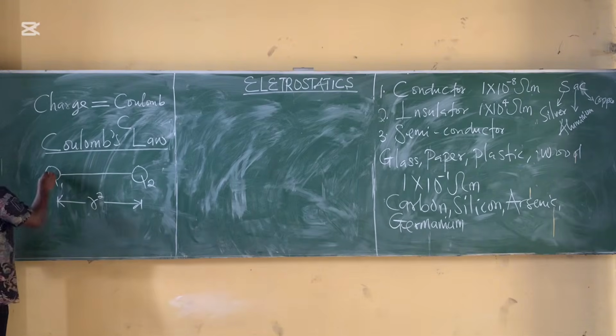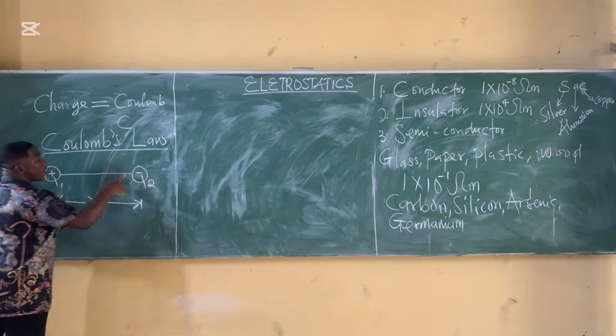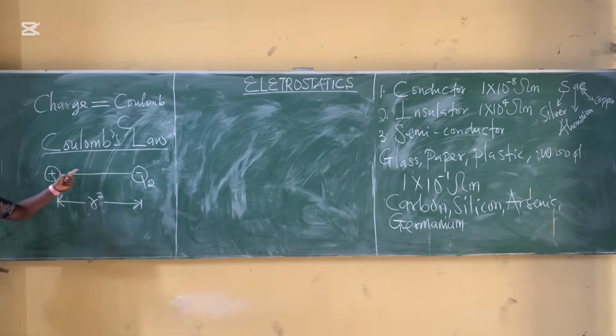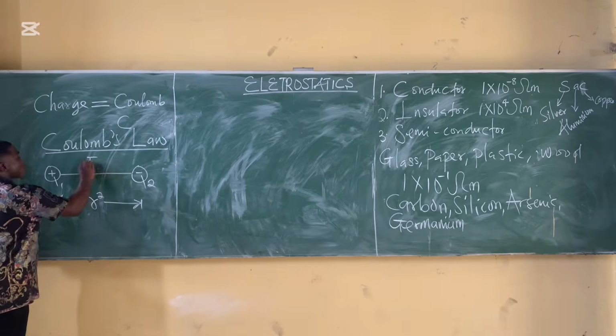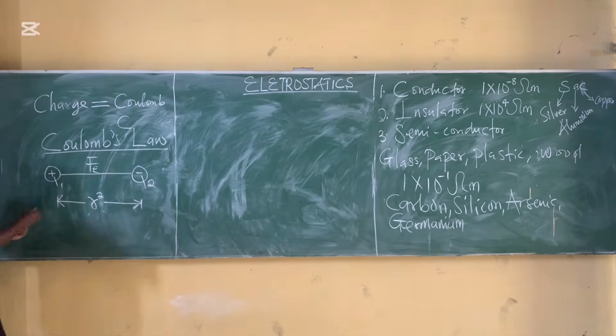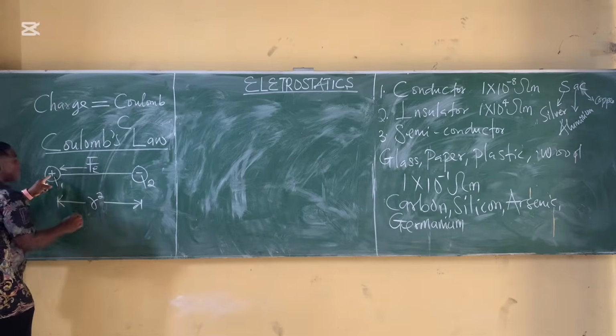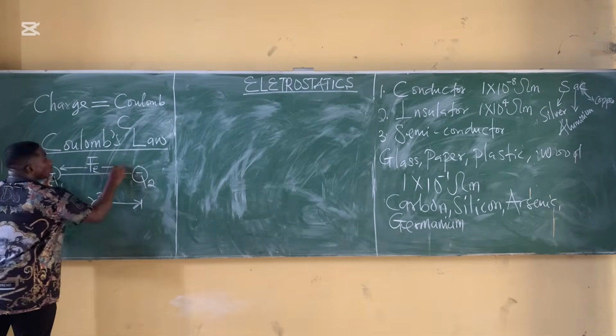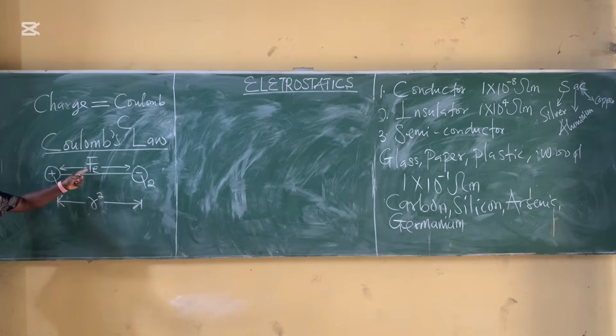So, in between this positive and this negative point charge, there exists what is called an electric what? Force. But before that electric force, there is a formation of an electric what? Field. So we have an electric force in between a positive and a negative charge, a force of attraction. Hope you know that there are electric field lines, like what we did.